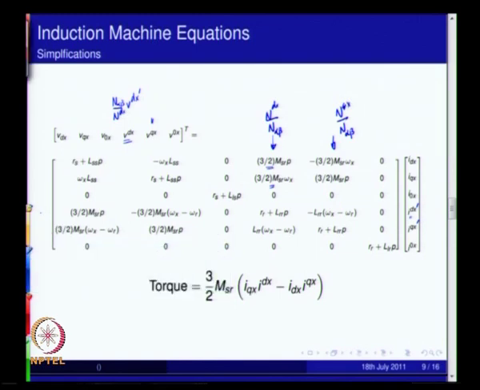So multiply this row by n dx by n alpha beta, multiply this row again by n qx by n alpha beta, which means all the terms here are going to get multiplied by n dx by n alpha beta or n qx by n alpha beta.